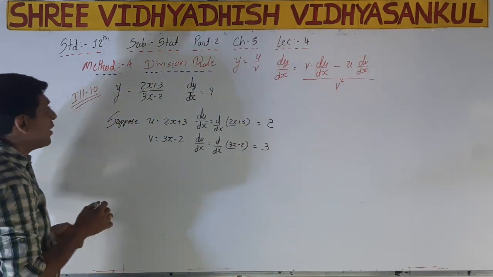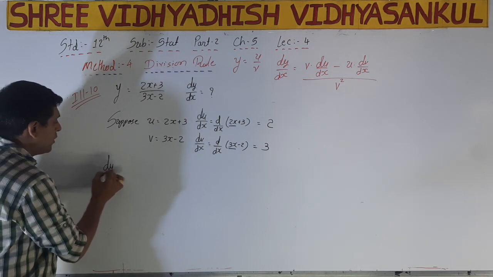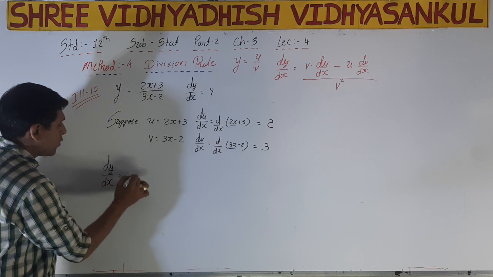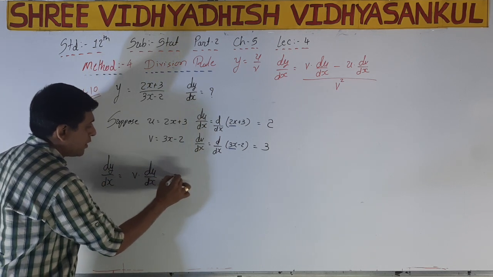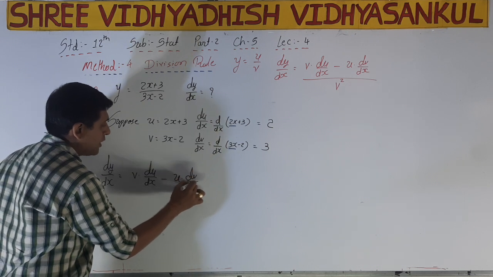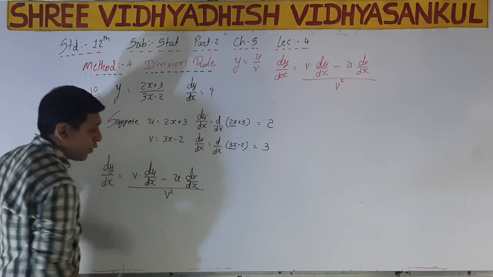Now put the formula here. What is the formula? dy by dx is equal to v into du by dx minus u into dv by dx, whole upon v square.